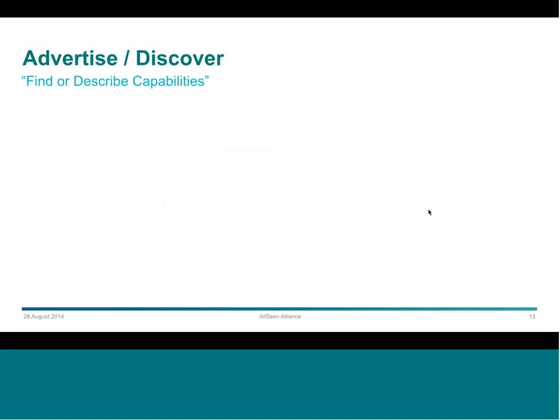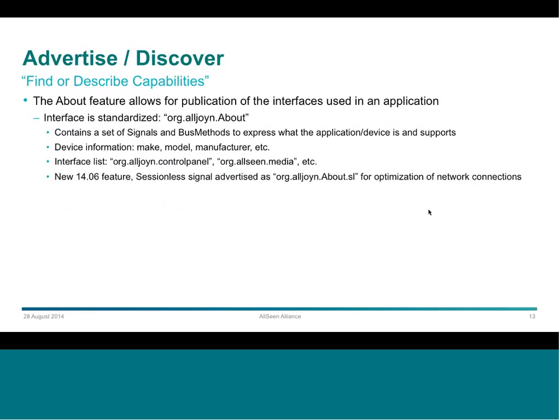So the advertising and discovery piece, I talked about it briefly. How that works under the hood is through a feature that we call the About feature. There's a standardized interface that's org.alljoyn.About, and it contains a signal that goes out across the network, and the data that travels with that signal, the method arguments, describe the make, the model, the manufacturer, as well as a list of the interfaces that it supports.